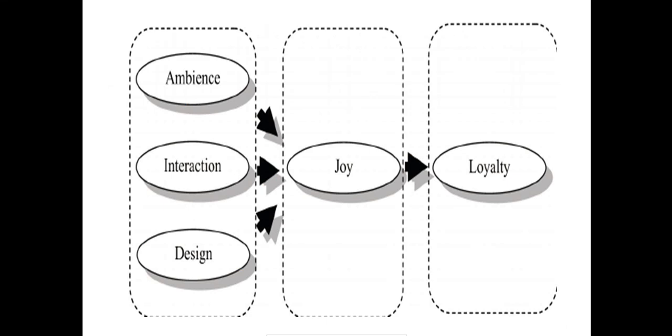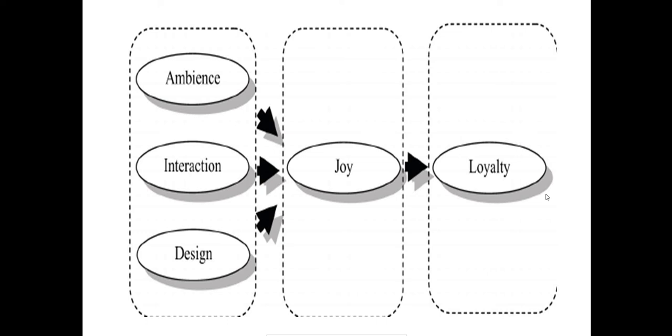This can be one structure of explanatory research, like loyalty is a subject of joy, or ambience, interaction, design. Suppose this is just a research design, and many of you, while writing your PhD thesis or PhD synopsis, will be writing this kind of framework, that this is the dependent variable and these are the independent variables, these are the intervening variables.